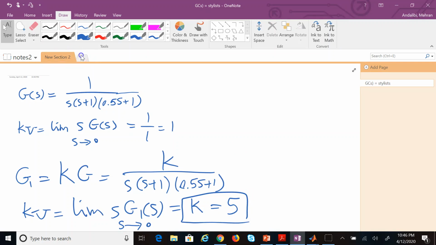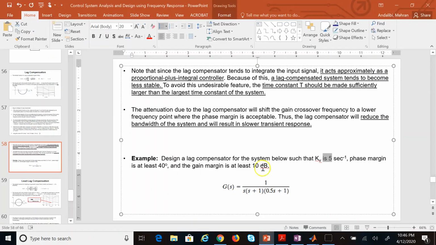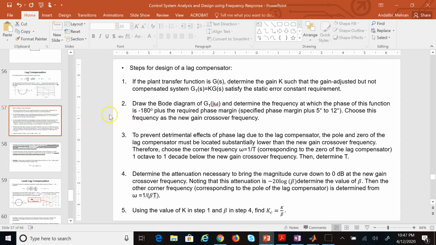What else? Now, we need to shift the phase margin to 40 degrees, right? If I just go ahead and basically plot for you the phase and the gain of the system G1, which is K times G or 5 times G. If we do that, first let's see how much the phase and gain margin are for this system.